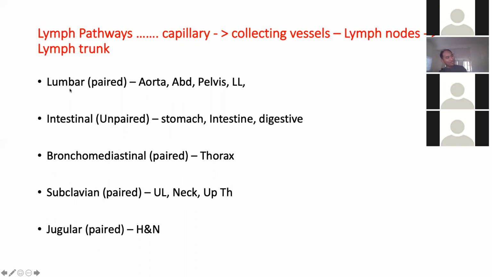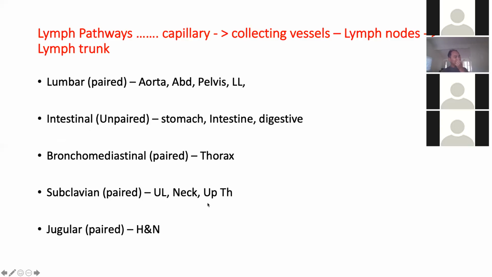Not trunk, lumbar trunk. So all the lymphatic vessels around the aorta, abdomen, pelvis, lower limb, they will become lumbar trunk. The stomach, intestine, digestive tract, they will become intestinal trunk. Bronchi, so lungs and mediastinal structures, they will become bronchomediastinal trunk.